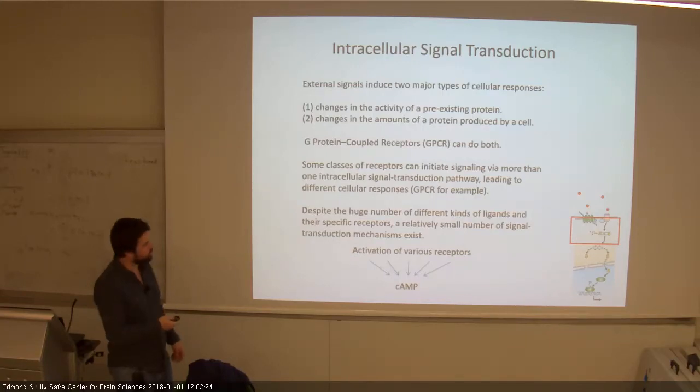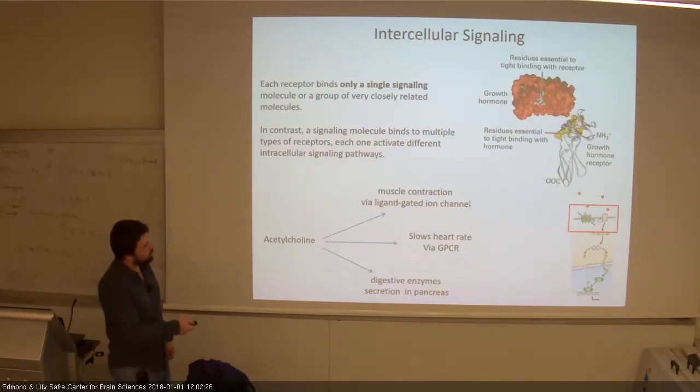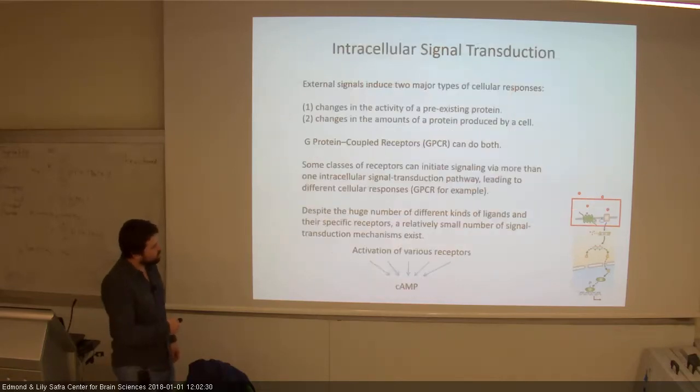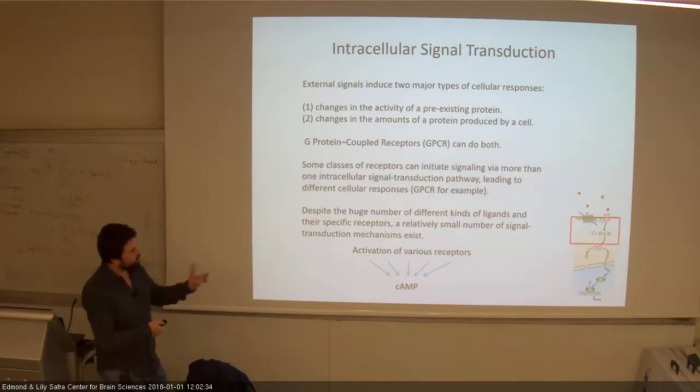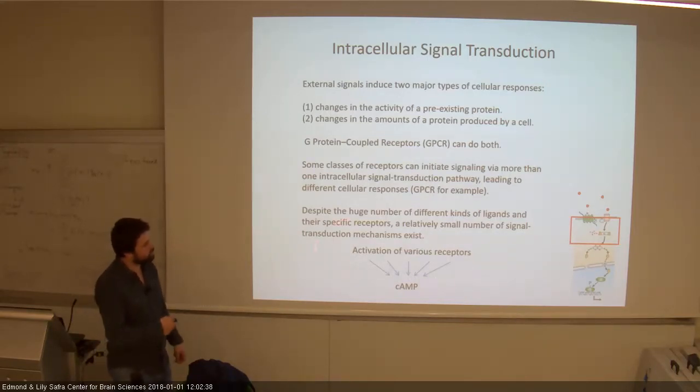For example, the slowing down of the heart rate and the secretion of digestive enzymes in the pancreas, when you look inside the cell, are often mediated by the same molecule.